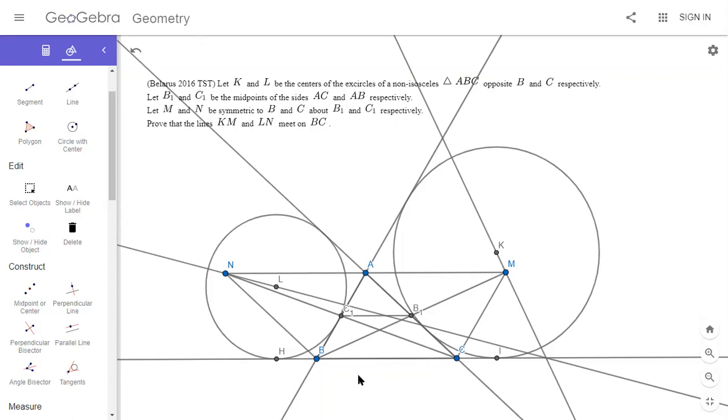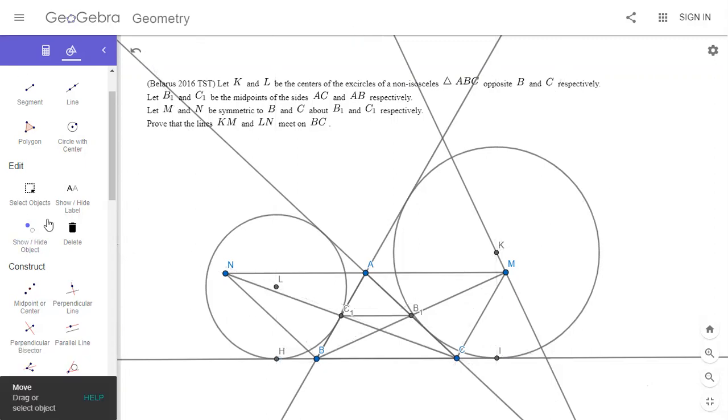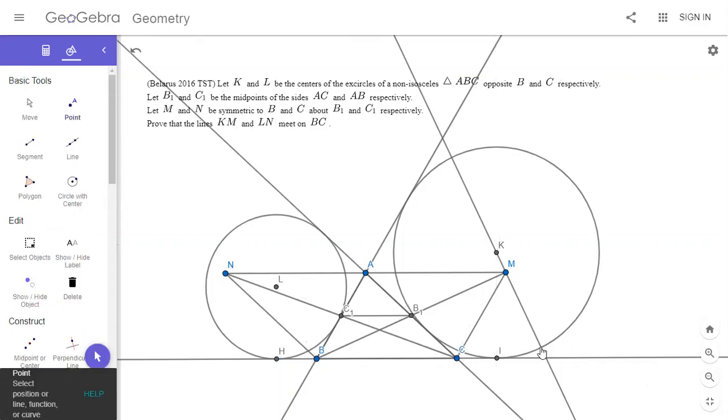That's kind of interesting. One way that I do these problems sometimes is I let KM meet BC at a point F and I let LN meet BC at a point F prime, and then I want to show F is equal to F prime.